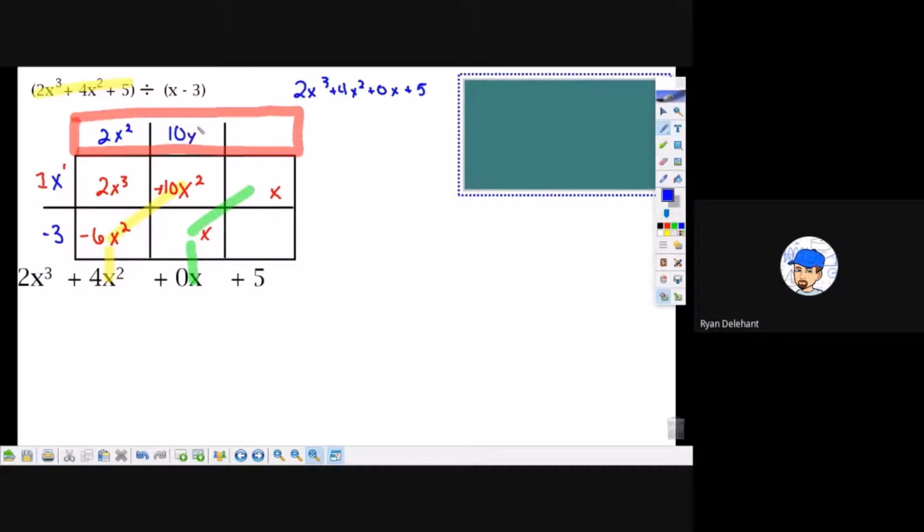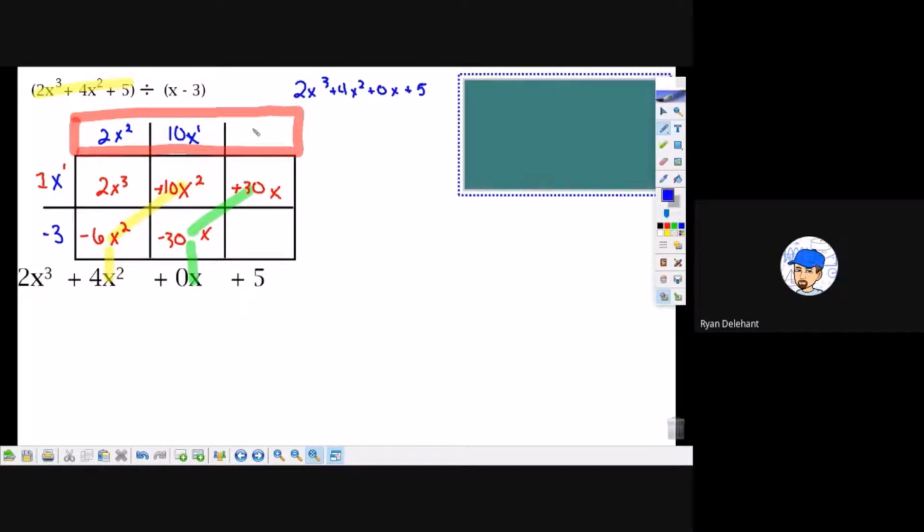This is 10x to the first. Then we use that to multiply to the bottom. 10 times -3 is -30. So -30 plus something gives us 0. So that means this has to be +30.